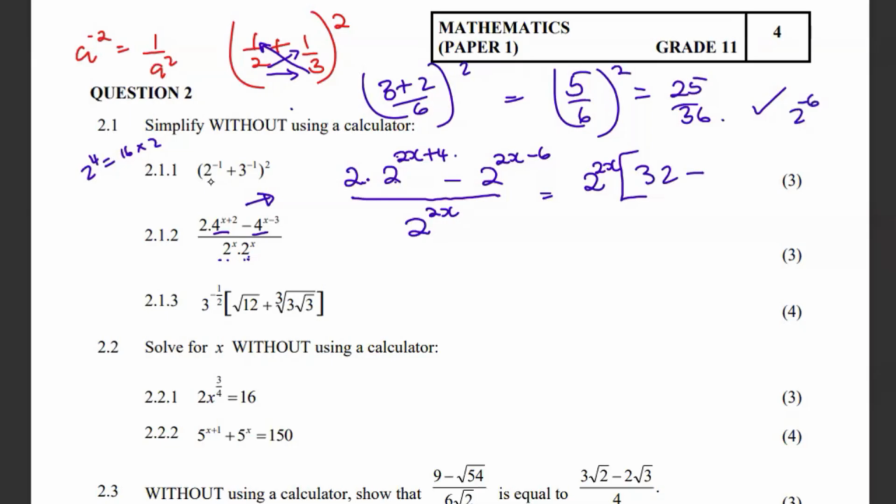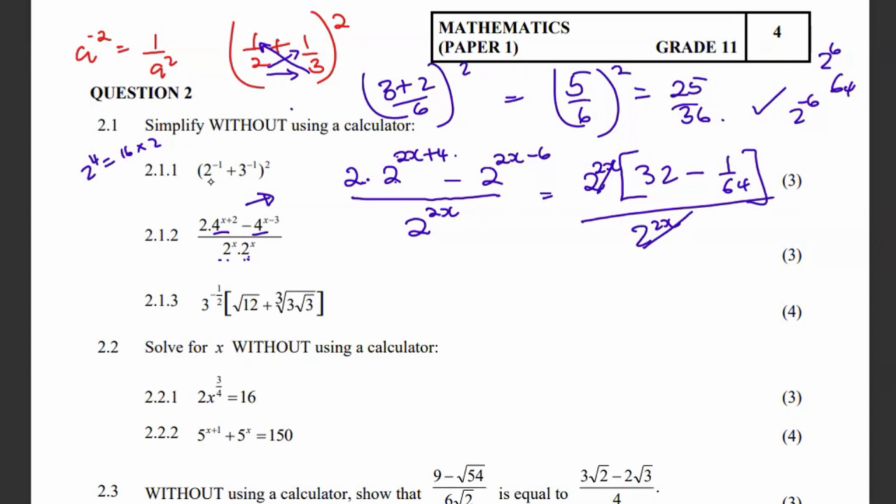We know that 2 to the 6 itself is 64. So 1 over 64 over 2 to the 2x. This cancels that, and then we're just left with that fraction. They told us not to use calculators.